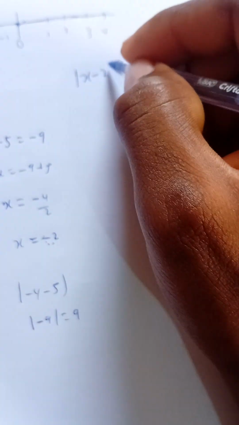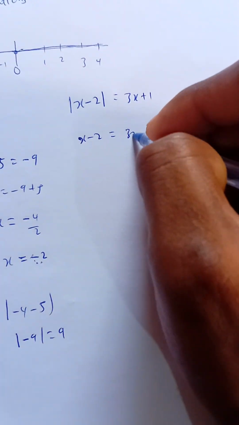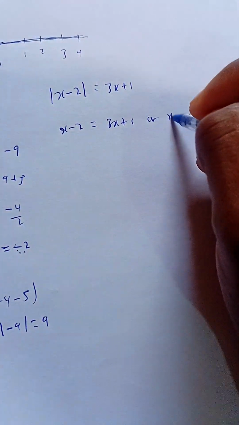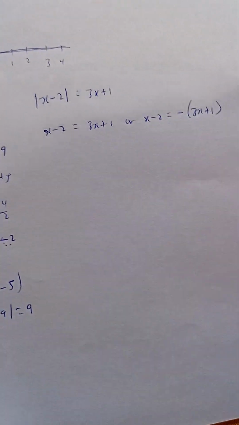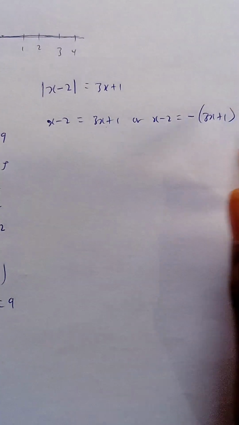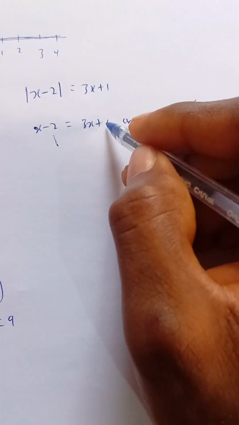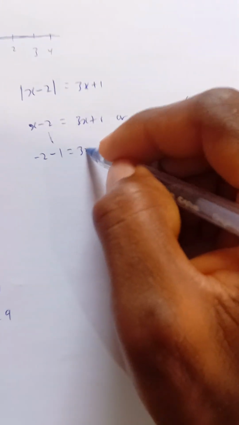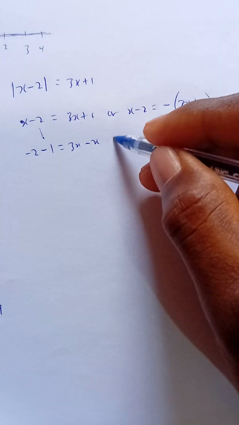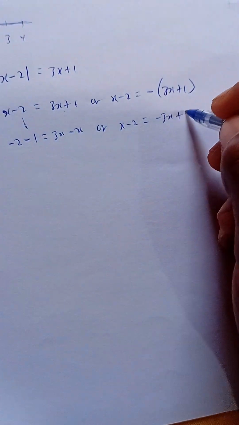We have another example here, absolute value of x minus 2 equals 3x plus 1. So what do we do? x minus 2 equals 3x plus 1, or x minus 2 equals -3x plus 1. The positive and the negative, you check both sides. So here, let me bring the 1 here. -2 minus 1 equals 3x minus x, or x minus 2 equals -3x plus 1.